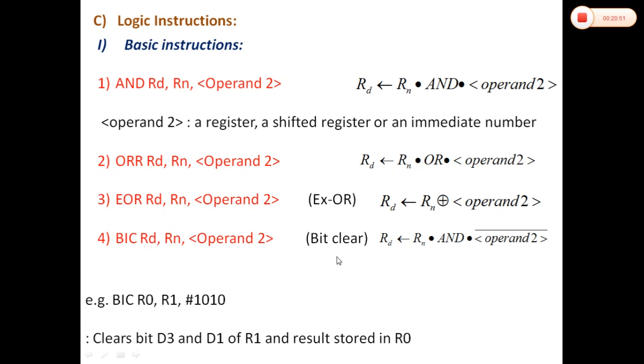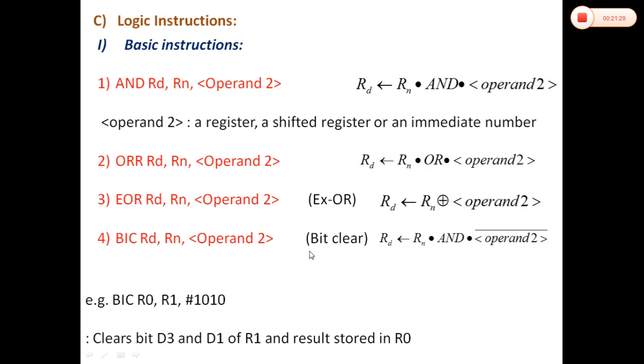That can be achieved by putting an appropriate bit pattern as operand 2. In that bit pattern, you have to make those bits 1 which bits of Rn are to be cleared. Suppose bit D0 and D1 of Rn are required to be cleared, then in this bit pattern only bit D0 and D1 should be kept 1 and all the remaining bits should be kept 0, and then this instruction will clear those 2 bits of Rn and the result will be stored in RD.